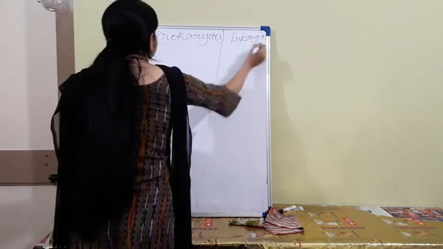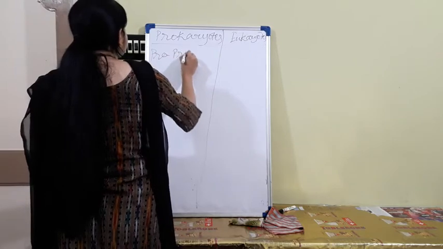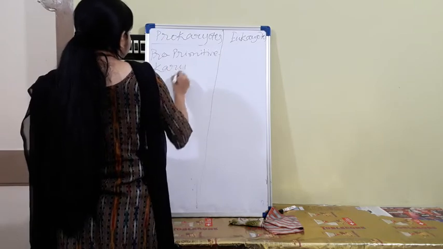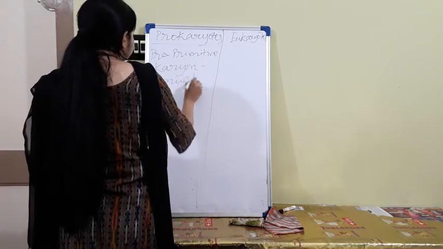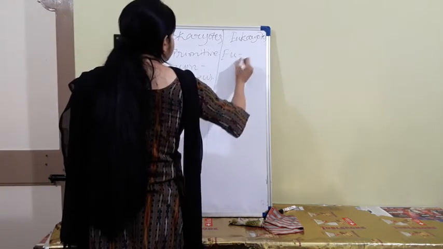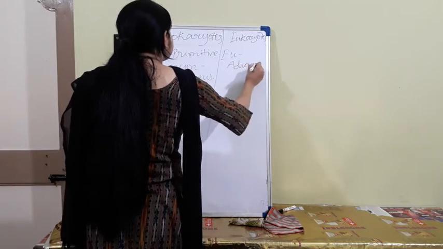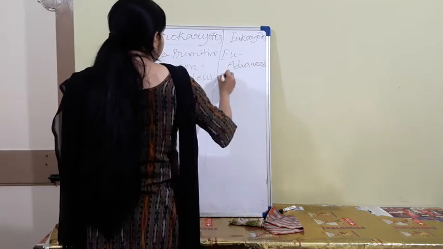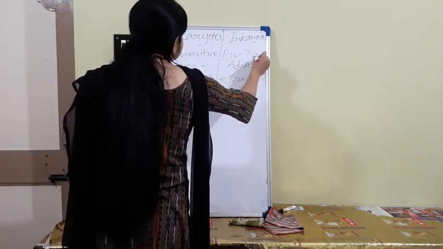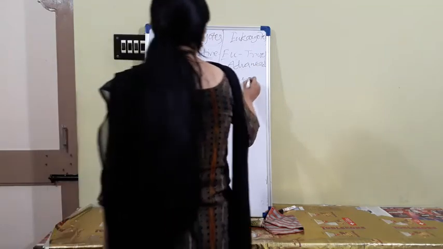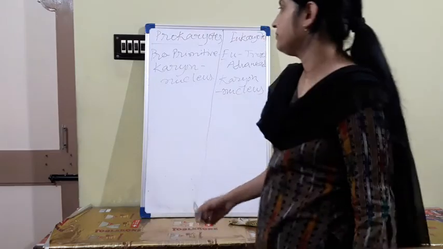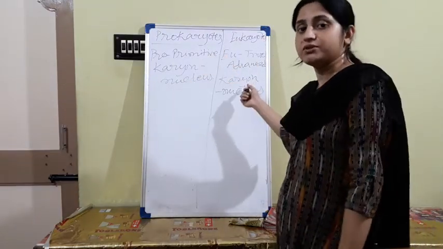Pro means primitive, karyon means nucleus. Eu means advanced, true nucleus actually. True or advanced, karyon, nucleus. First one obviously has a primitive nucleus, the other has an advanced or true nucleus.